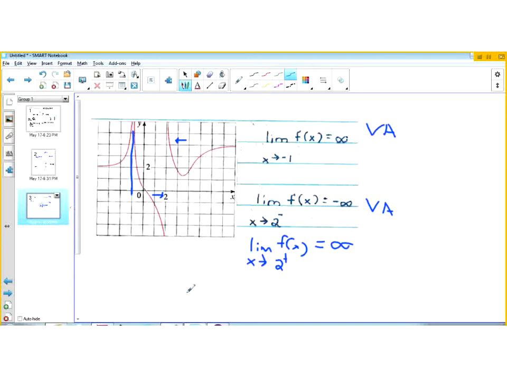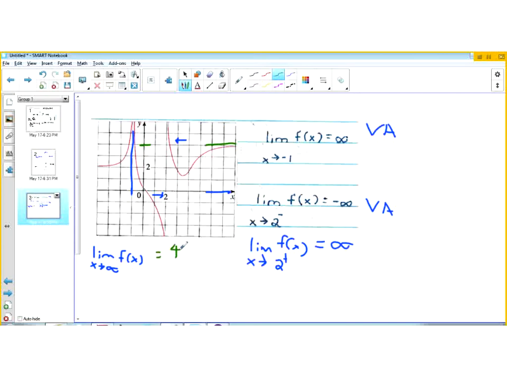And how about the limit as x approaches infinity? If this equals a number, then clearly we would have a horizontal asymptote of f of x. In this case, we can see asymptotic behavior exhibited by this graph right here. That appears to be the output value 4.